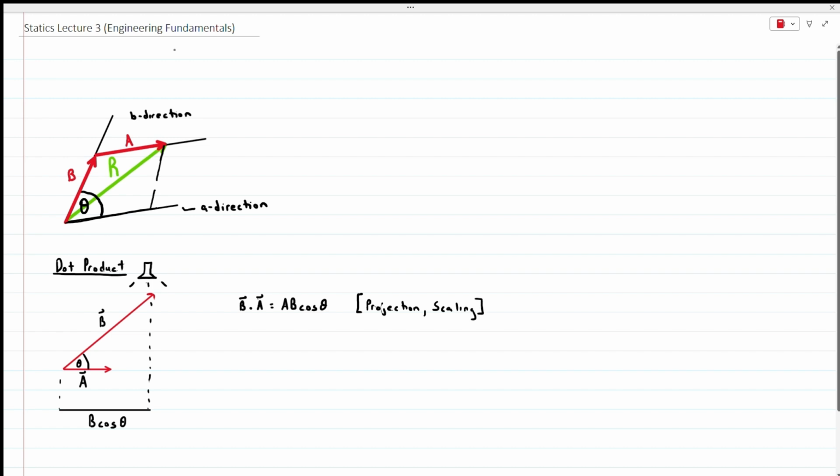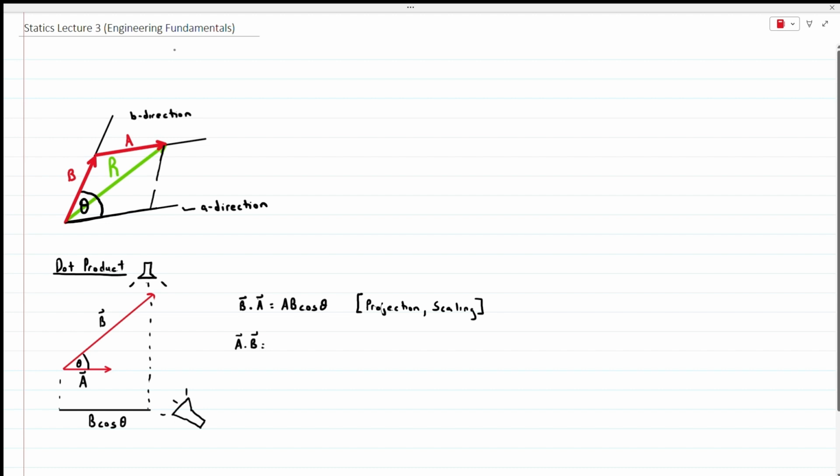What happens if instead we did A dotted with B? Well, again, we would have that flashlight. As you can see, the flashlight here would be perpendicular to the B direction. We would shine that light.